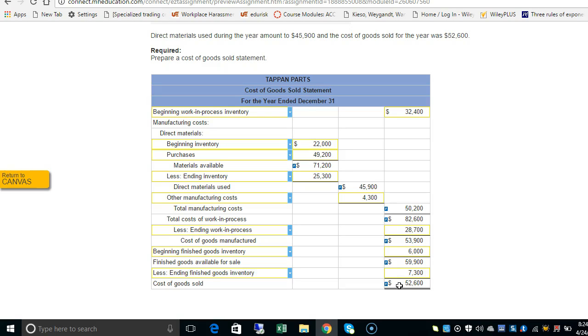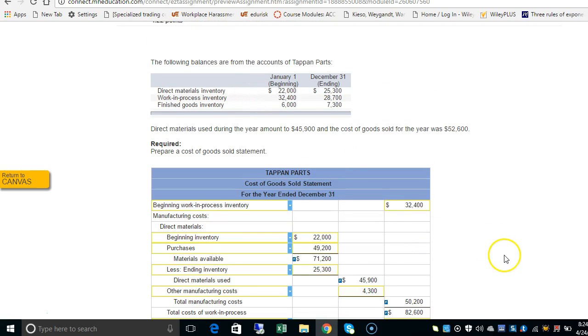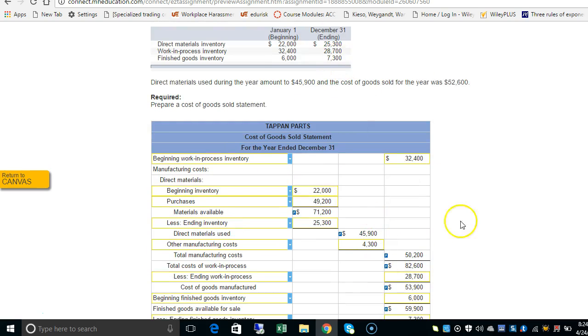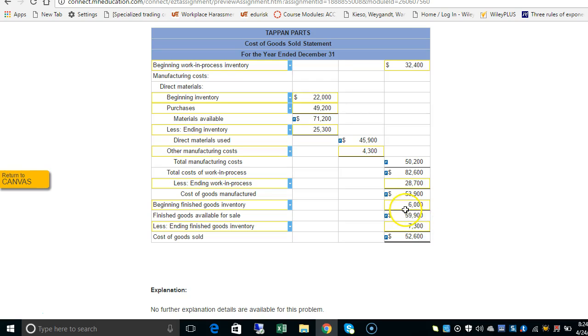If beginning finished goods inventory is 6,000, which you're given, plus cost of goods available for sale, minus ending finished goods inventory, which you're given, equals cost of goods sold, then simply work your way backwards. Cost of goods sold of 52,600 plus ending finished goods inventory, which you have, gives you finished goods available for sale.